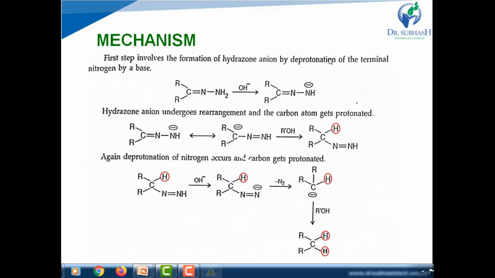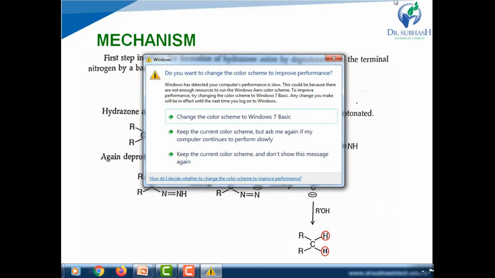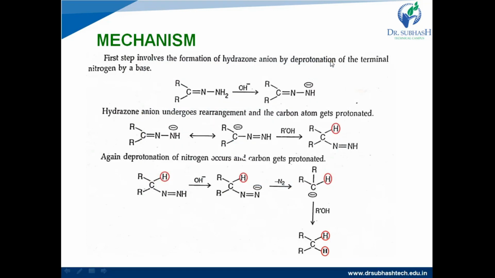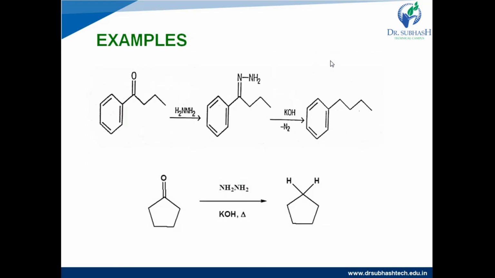That's why carbon acquires the negative charge and forms a carbanion. Again, with the help of a protic solvent, protonation of this carbon occurs and forms the corresponding alkane. Here see, two hydrogens added are encircled in red color. That indicates that those two hydrogen atoms are added to the carbon and form the alkane.